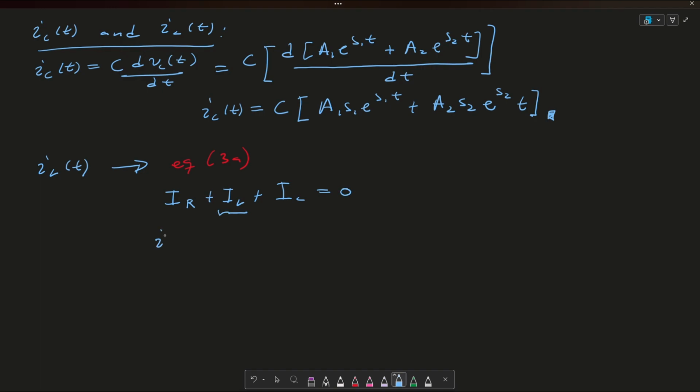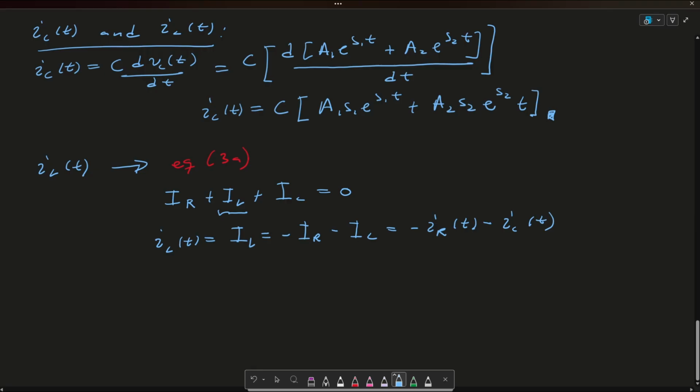So I can say that IL of t is equated to minus IR of t minus IC of t. We know that IR of t is equated to V of t over R, and IC of t is C dV of t over dt.